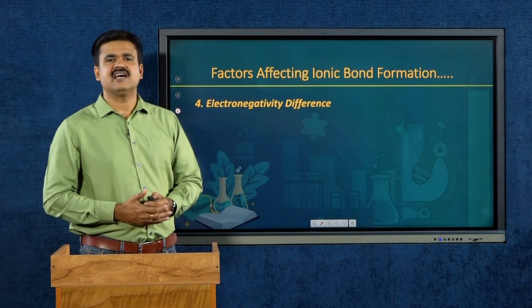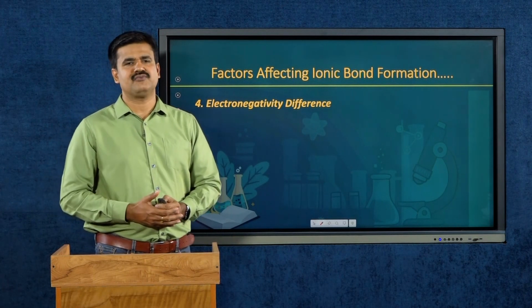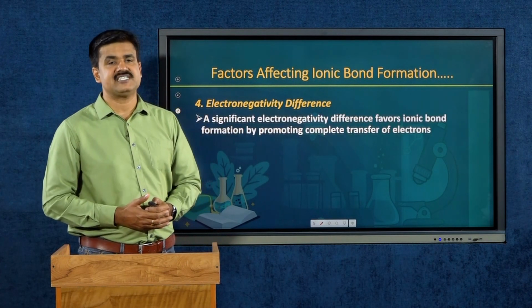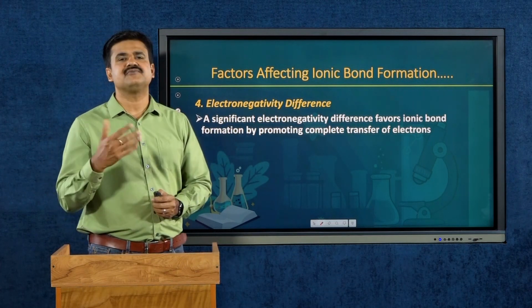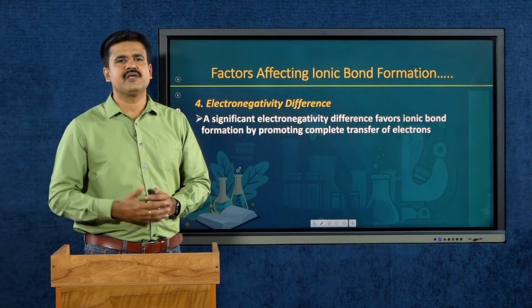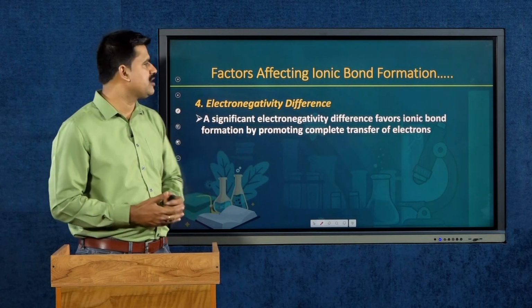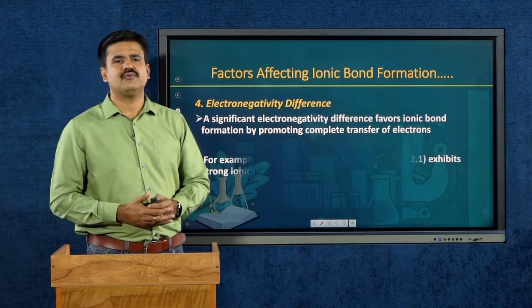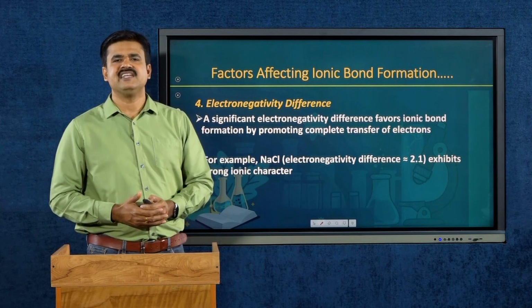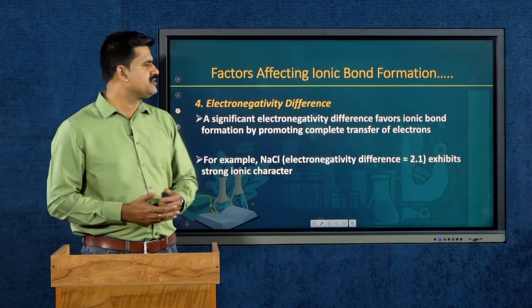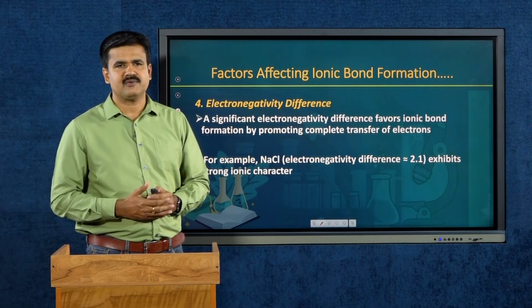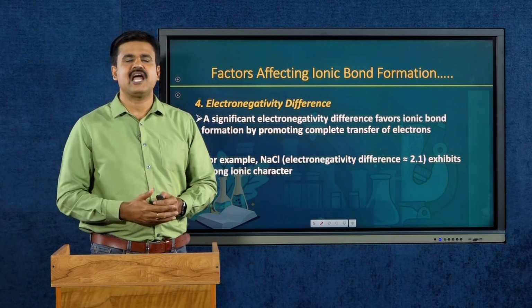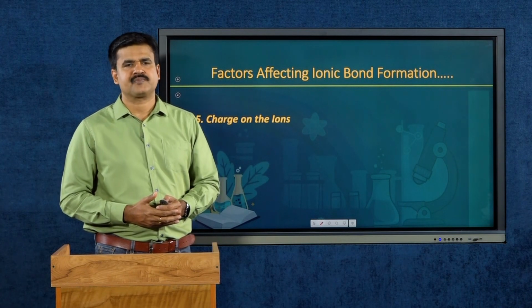Another factor that governs ionic bond formation is the electronegativity difference. A significant electronegativity difference favors ionic bond formation by promoting complete transfer of electrons. For example, in NaCl, the electronegativity difference between the two atoms, sodium and chlorine, is 2.1, which favors ionic bond formation.